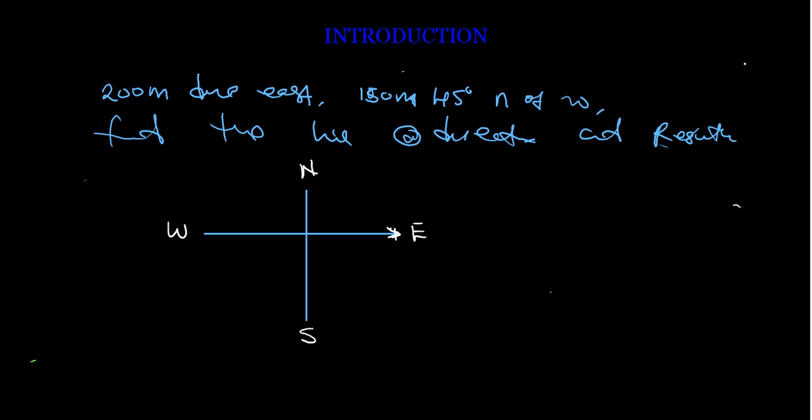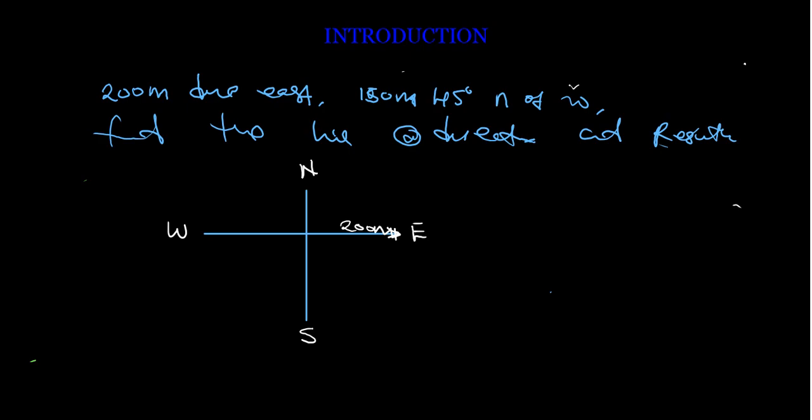So this guy walked due east. East is now 200 meters in this horizontal direction, which is giving you 0 degrees. Then again he walks 150 meters, 45 degrees north of west. You say of, that's where you start from.